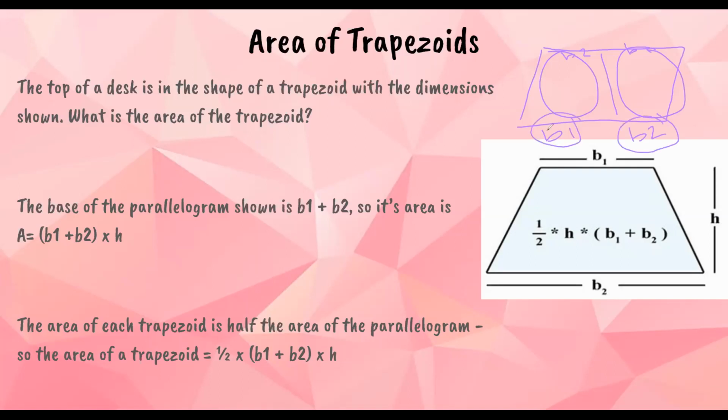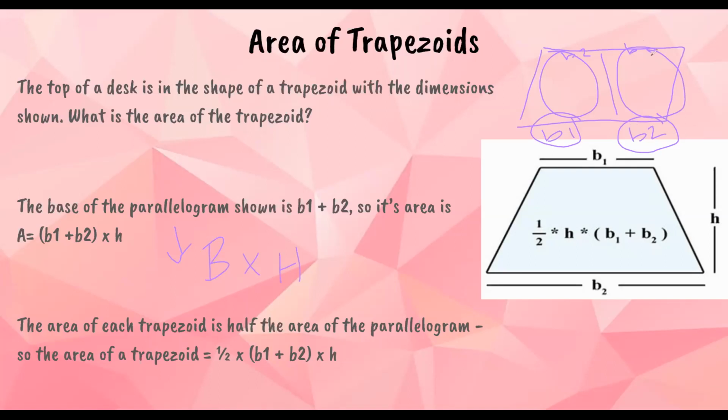So when you're finding the area of something like this, it's really this part plus this part times height. When you were finding the area of a parallelogram, your formula was just base times height. But if I were to break a parallelogram in half, it gives me a trapezoid. So that's why I'm using base 1 plus base 2, because I now have the bottom of the shape and the top of the shape.